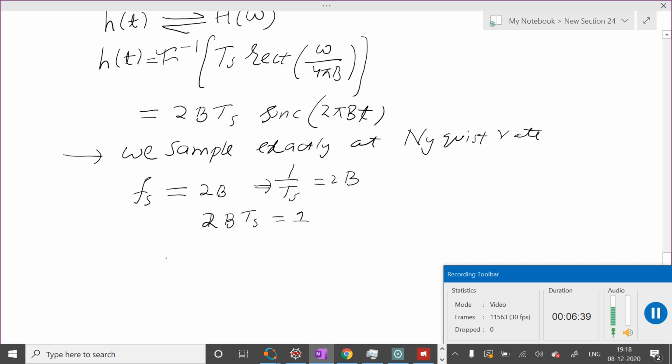When that is the case, then h of t will become simply sinc of 2 pi bt.